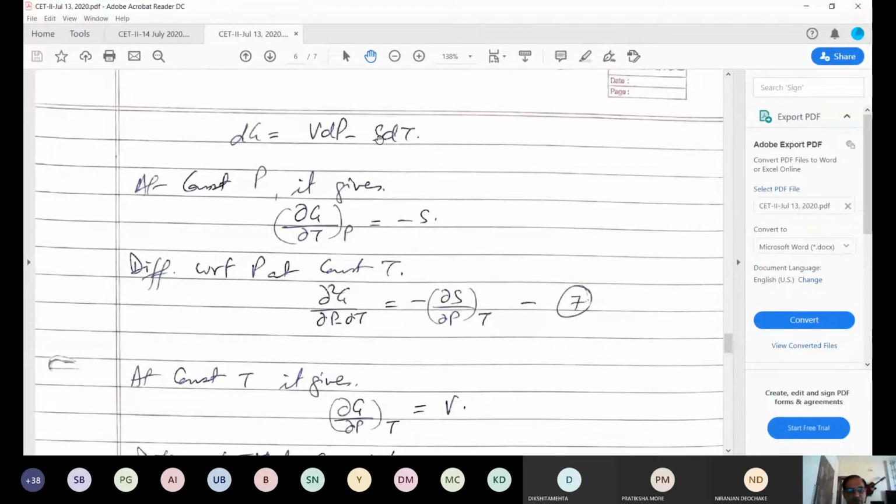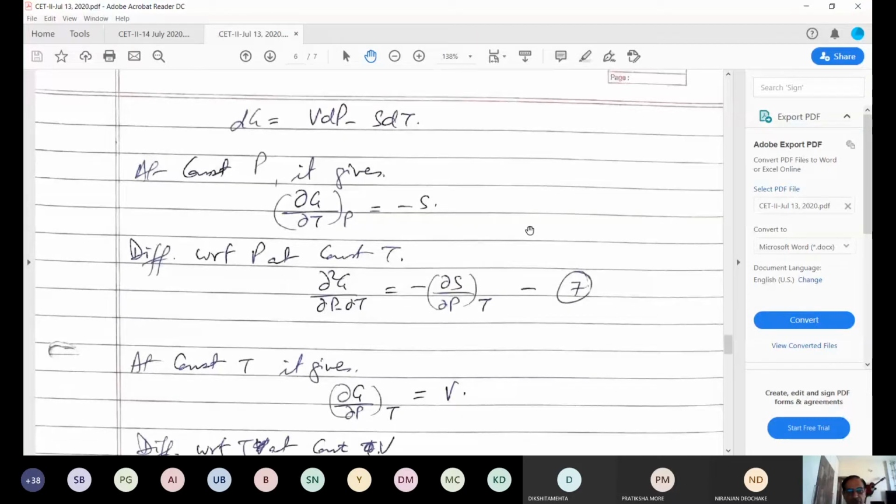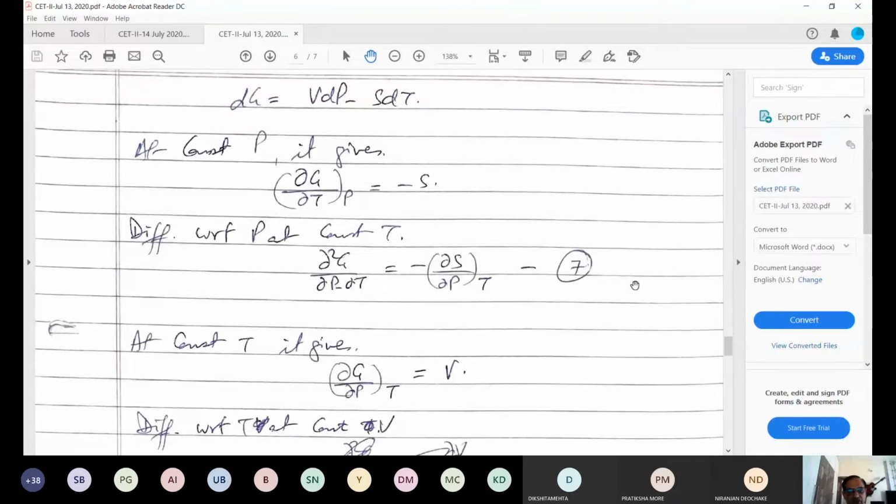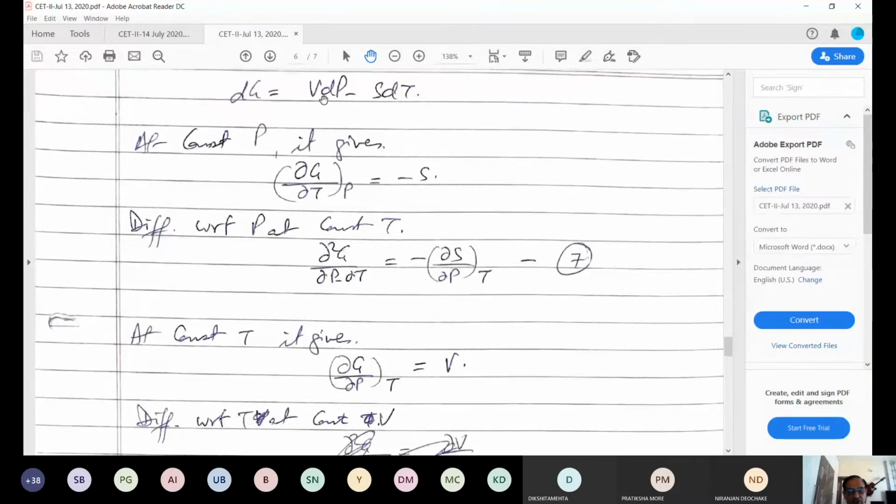Then we differentiate with respect to P at constant T. And what we get is delta square G by delta P delta T equal to minus delta S by delta P at constant temperature. And this is equation 7. Then we take this same equation at constant temperature. dT becomes 0.